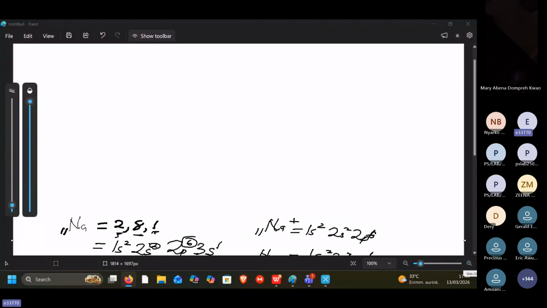Okay, so let's try one or two and then see how it will be. Is somebody asking a question? Okay, so you should know your element and of course the atomic number for that element, and the atomic number will tell you the number of electrons that element has.